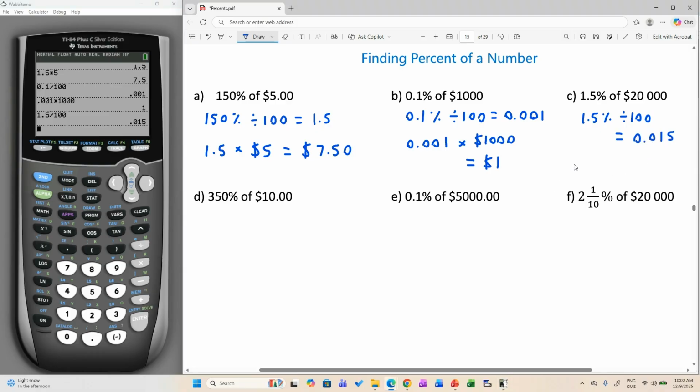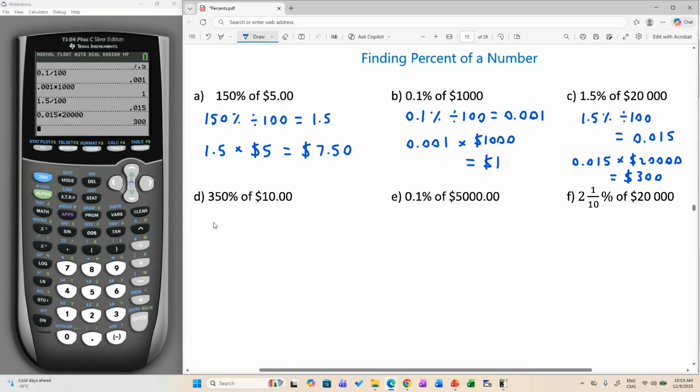So now I take that decimal value, 0.015, and multiply it by my value that I'm looking for, which in this case is 20,000. So upon doing so, I'm going to get my answer. 0.015 times 20,000, and I get 300. So to answer my question, 1.5% of 20,000 is $300.